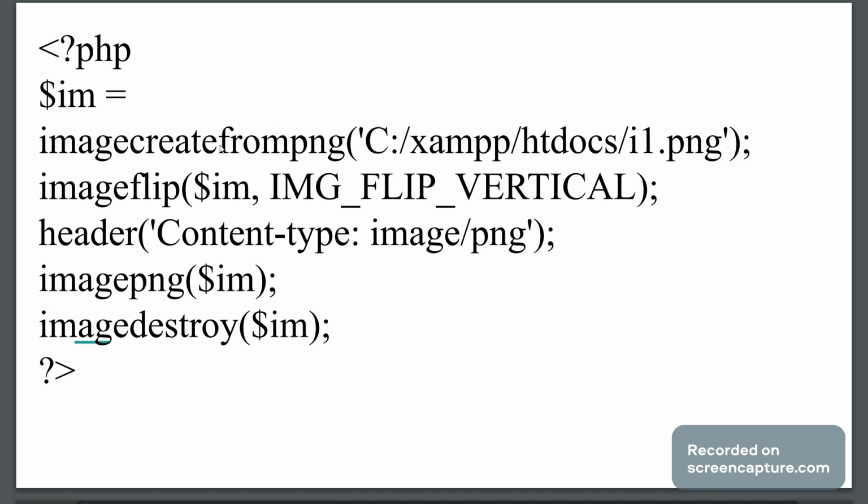So imagecreatefrompng and the path of the image, and we want to flip that. So imageflip with the object name IM and IMG_FLIP_VERTICAL. Mention the type of content as image/png. Create an image PNG from this IM and destroy it upon execution.